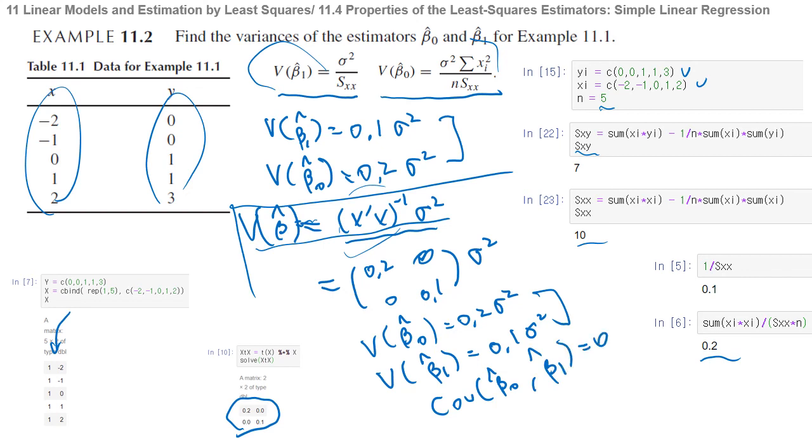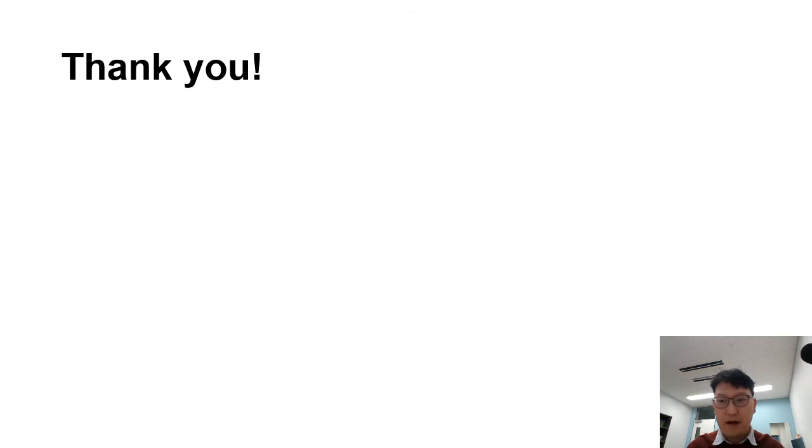So I solved this one in two ways, and if you come to know the matrix form, it is much easier to calculate this way. That's why I'm explaining both methods together. So far we learned about linear models.